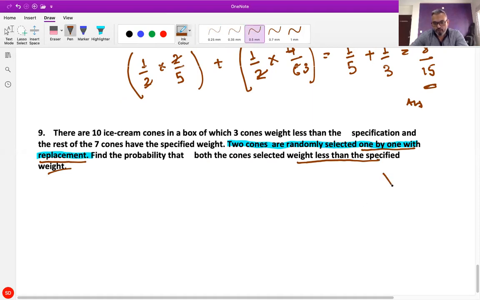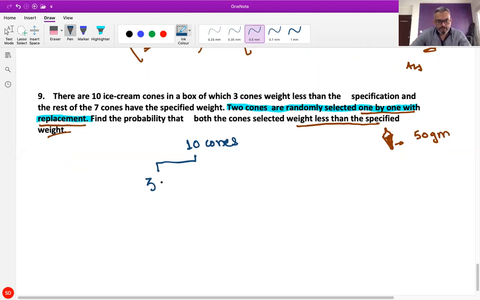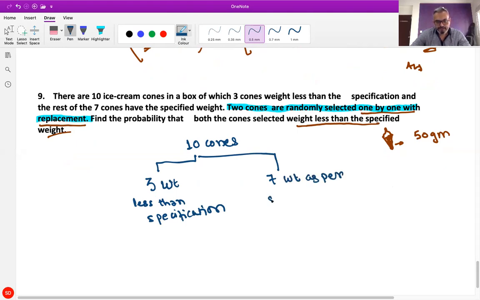Now, for example, you go to buy a cone. ओके ये जो कोन है उसका एक स्पेसिफाइड वेट होता है, से फॉर एग्जांपल 50 ग्राम. तो यहाँ पे हम 10 आइसक्रीम कोन सिलेक्ट कर रहे हैं, उसमें से 3 ऐसे हैं जिसका वेट स्पेसिफाइड वेट से कम है. सो लेट मी फर्स्ट राइट इट ओवर योर. 10 cones are there. उसमें से 3 have weight less than specification and 7 cones have weight as per specification.